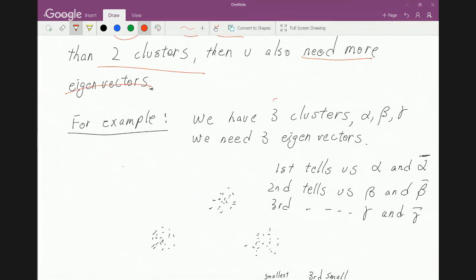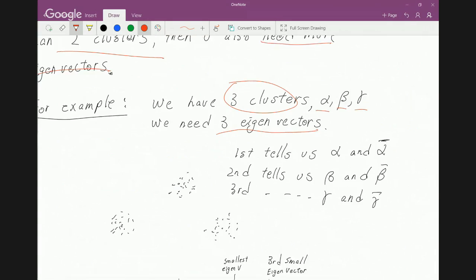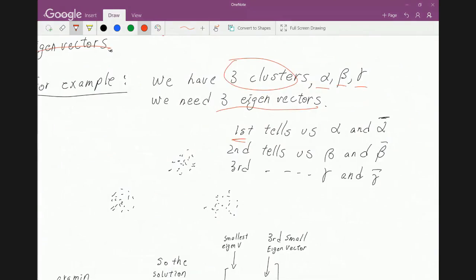Let's say that we have three clusters: alpha, beta, and gamma. And we therefore need three eigenvectors. The first eigenvector tells us whether something is alpha and not alpha. The second eigenvector will tell us beta and not beta. And the third one will tell us gamma and not gamma.